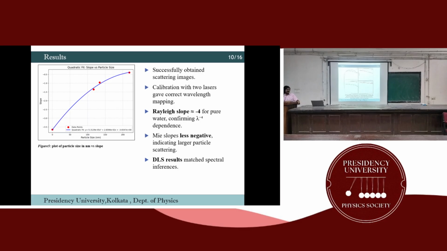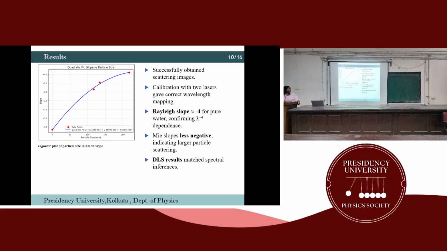And then I have done particle size versus slope, considering Rayleigh scattering for plain water. For plain water, I am considering the particle size to be around 0 nanometer, and the slope is around minus 3.67.